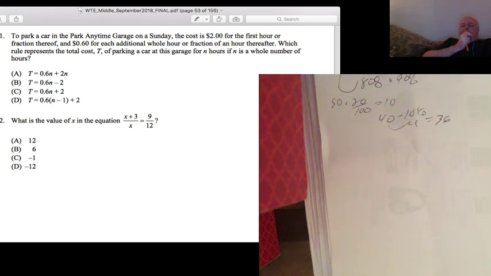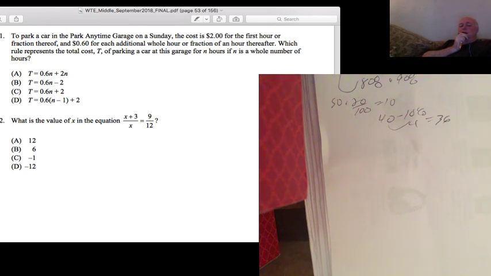So it turns out D is the answer. The reason D is the answer is because the first hour is already taken care of. It's only $2. So the problem with C is that if you stayed for 1 hour, you're going to pay the $2 for the first hour and another 60 cents. But if you stay 1 hour, there's no other time. You're only supposed to pay $2, not $2.60.